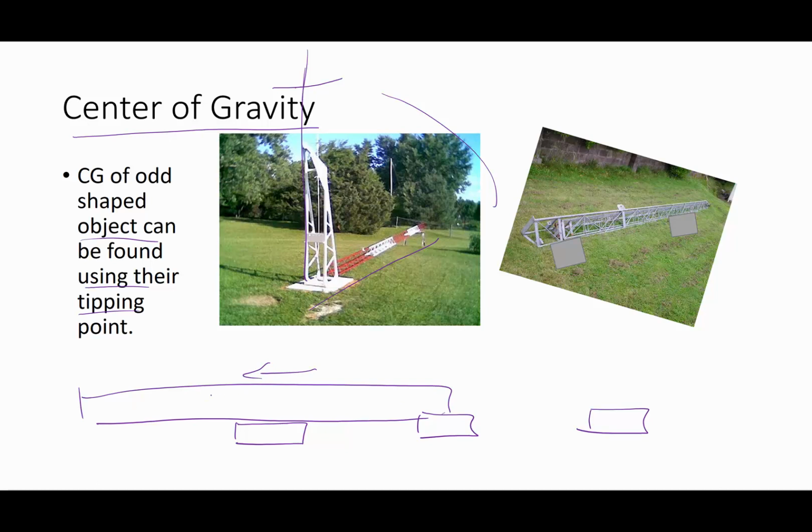When it got to the point that it began to tip slightly, I took a permanent marker, went beep, beep, beep, marked it, and that was the center of gravity. So if you find the tipping point of any object as it's going off a support, that is its CG. And I challenge you to stop right now and do that with something wacky. Your stapler, don't do it with anything like your calculator that you might drop and hurt, but it's kind of fun to try.